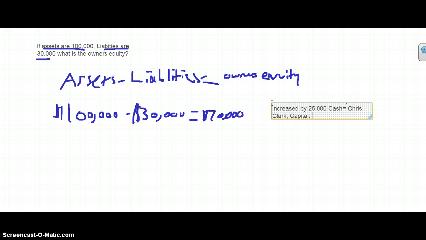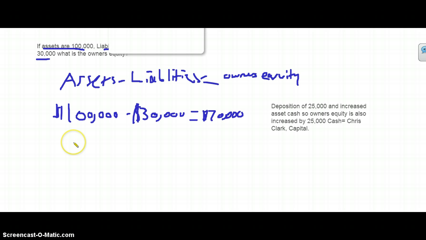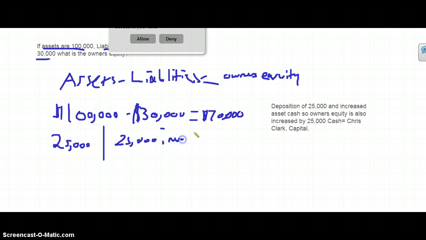And what we're going to have over here is 25,000, and then over here 25,000, investment by Chris Clark, capital.